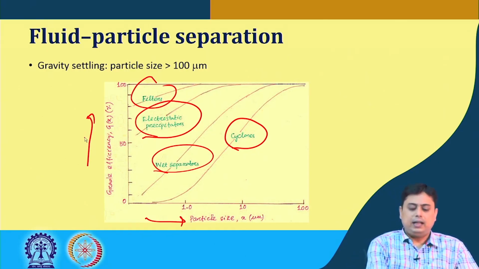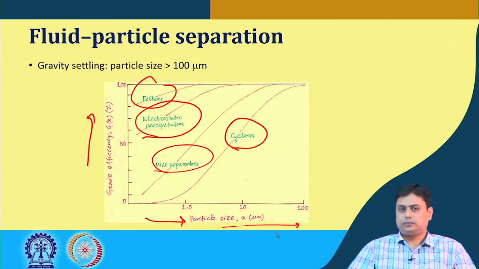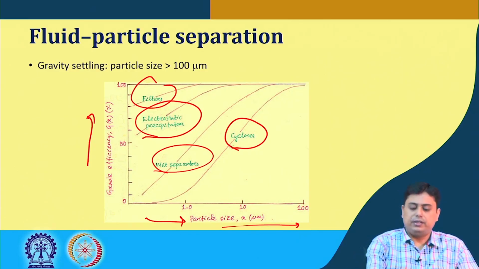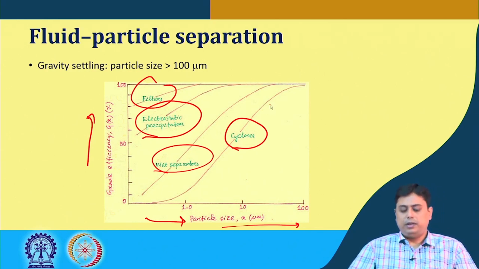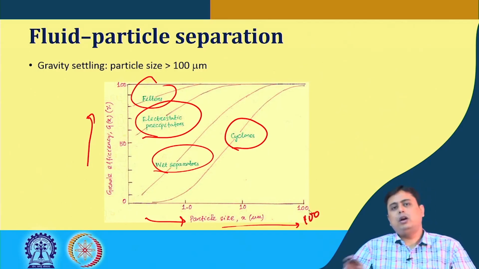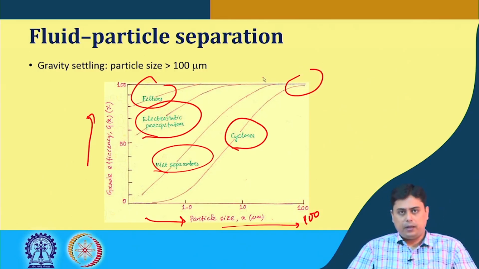We see that as the particle size increases, the separation grade efficiency of the cyclone separator increases, but the limit here is 100 micron, because beyond this we achieve near about 100% efficiency.